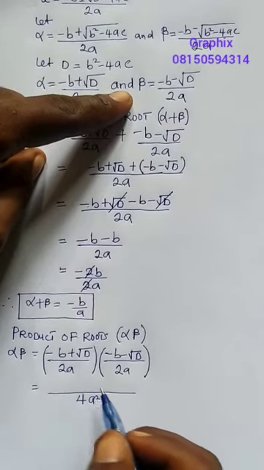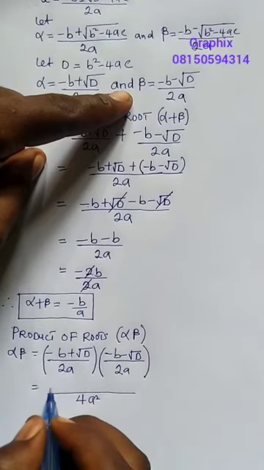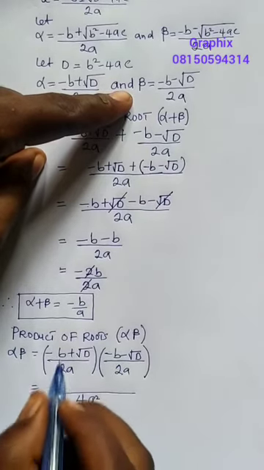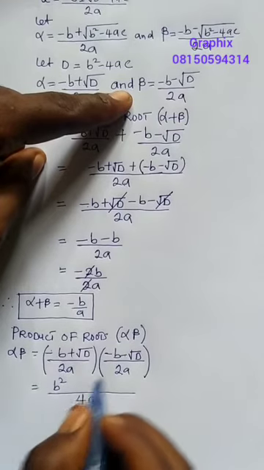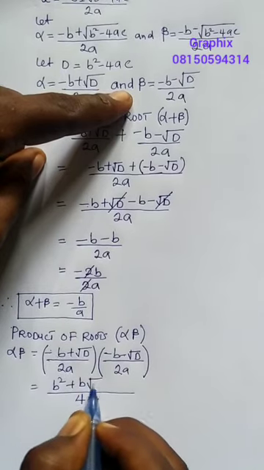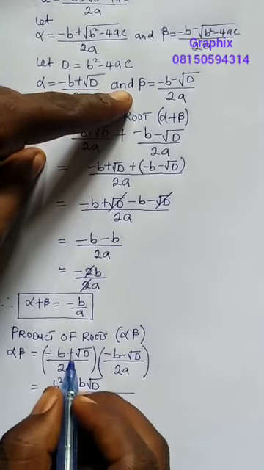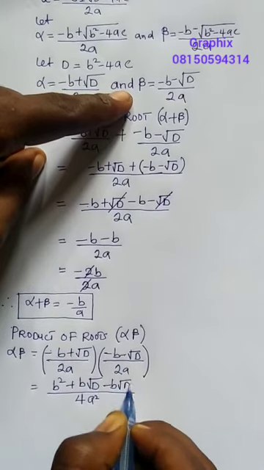So minus b times minus b: minus times minus is plus, b times b gives b squared. Minus times plus is minus, so b times root D gives minus b root D. The next one, root D times minus b gives minus b root D, wait, root D times minus b gives plus b root D, so they cancel.